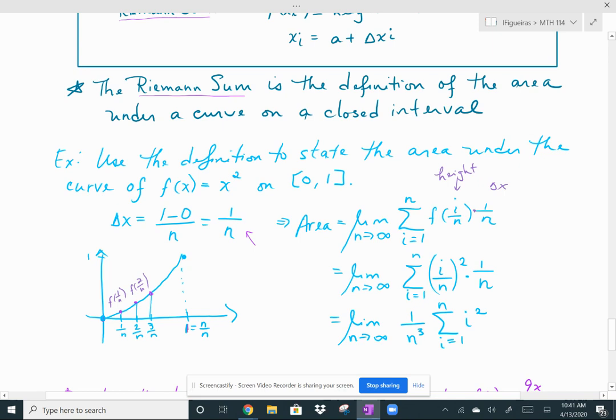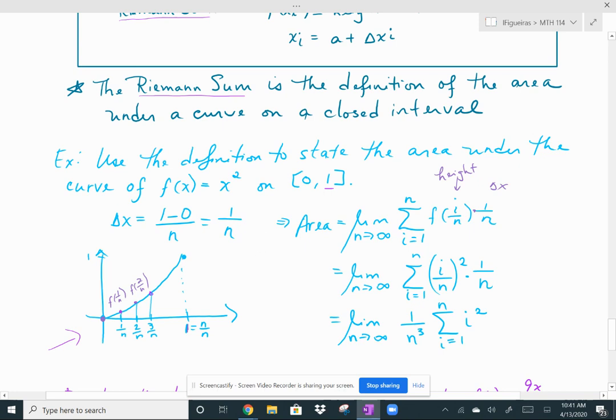Now to illustrate it, I'm showing it to you, but in reality, these would be very tiny, very tightly packed together, so they wouldn't be visible to you the way these are here. But the first rectangle has a width of 1 over n. The second one is 1 over n units over, so that's 2 over n, then 3 over n, 4 over n. You get the idea, all the way up to n over n, which is 1, which is where the interval ends.